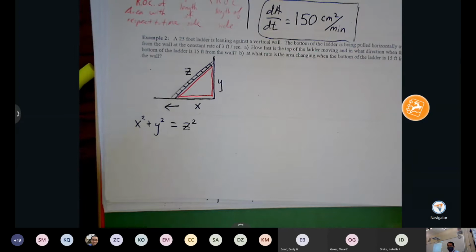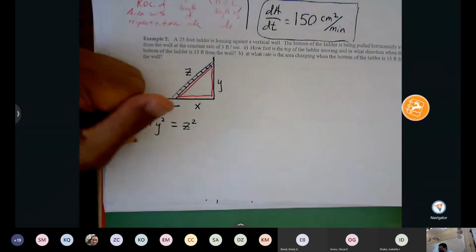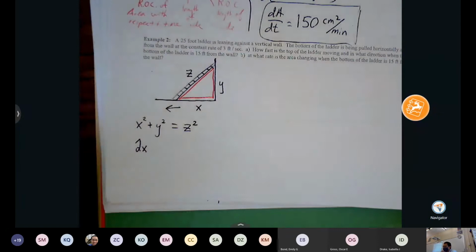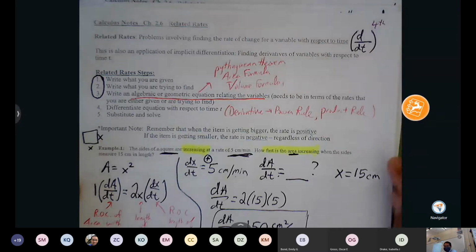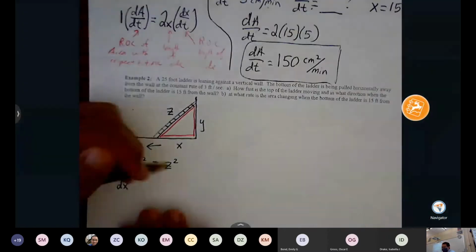So what's the derivative of x squared going to be? 2x. Okay, 2x. Now remember, we're still dealing with time here, so we need to attach a what? dx over dt.